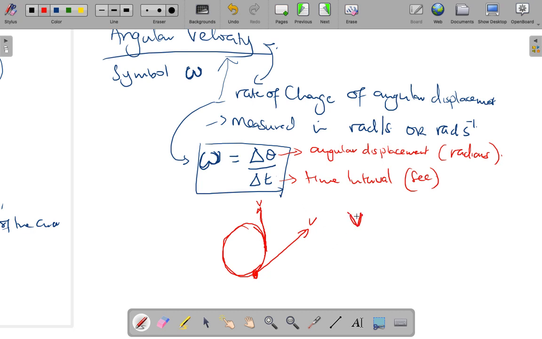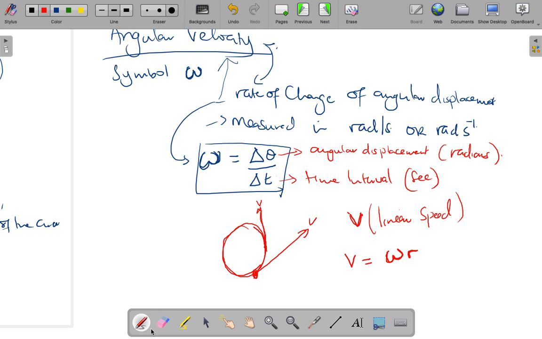To get linear speed v, which is represented by v, of an object moving in a circular path, v is equal to omega times r. I already explained what omega means. So we multiply the angular speed times the radius of the circular path.